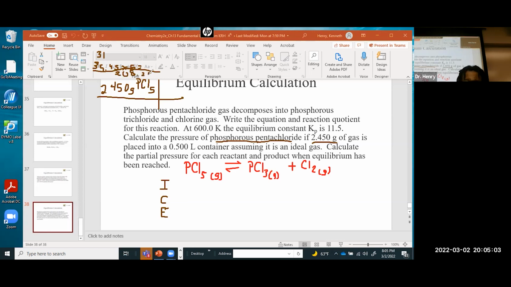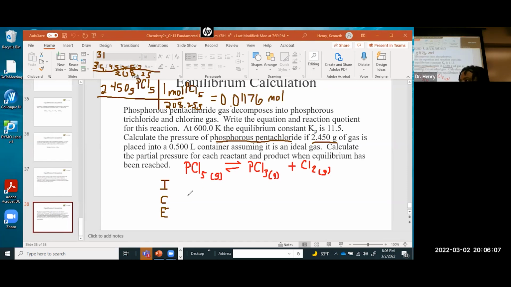Check my math. Okay. So we're going to end up with 0.01176 moles.